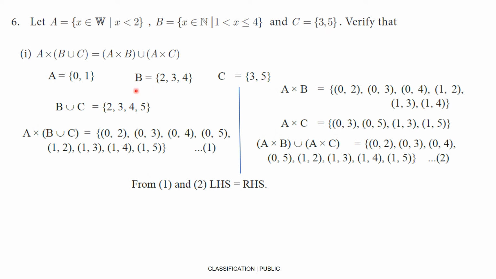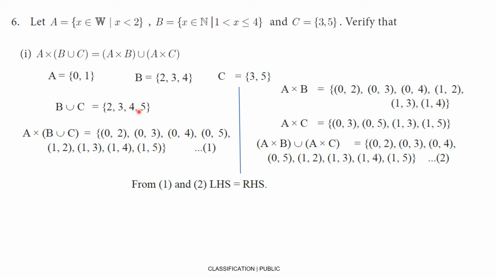As usual, A cross (B union C) equal to (A cross B) union (A cross C). First, left hand side, you see B union C. What are the elements? 2, 3, 4, and 3, 5. 3 is repeated, you write it only one time. So {2, 3, 4, 5}.